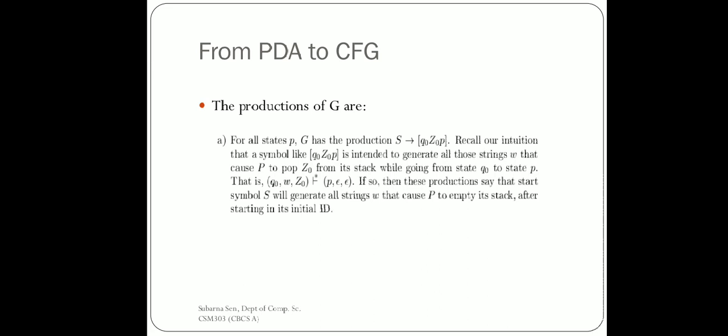So the first transition can be this one. If you just follow the previous lecture, I'm not going into the details again. So here just see the transition rule or the replacement, how it is doing. Q naught is our starting state, W is the unprocessed string of symbols, and Z naught is the beginning of the stack.